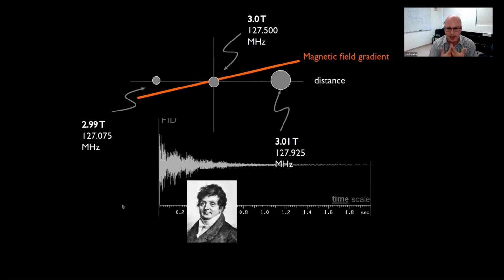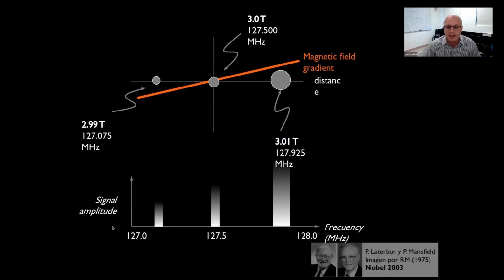So we're going to excite our tissue with the frequency of precession, and we receive the signal that is actually composed of different frequencies, because there's something on the right precessing at higher frequency than something on the left precessing at lower frequency. And the Fourier transform will tell us that indeed that is actually what is happening.